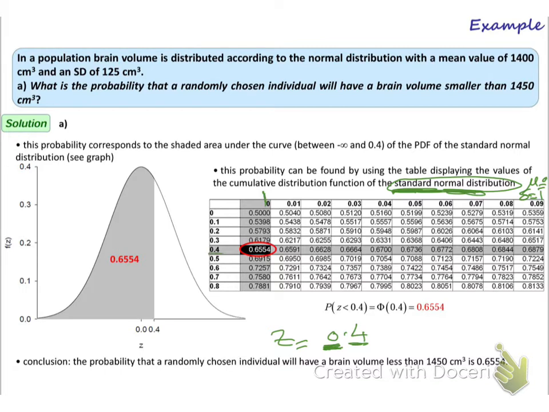So I can get the number. The probability of z less than 0.4 equals 0.6554. Conclusion: the probability that a randomly chosen individual will have a brain volume less than 1450 is 0.6554.